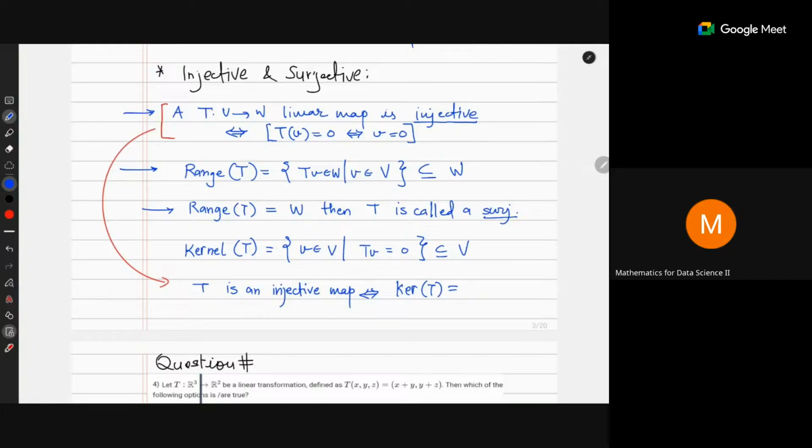Kernel of T is zero. Yeah, it is generated by the zero vector. That is the right way to write.